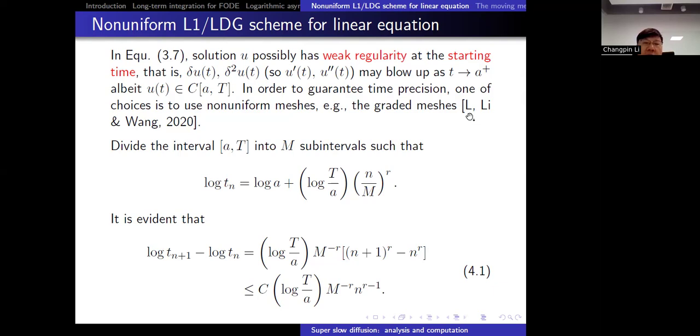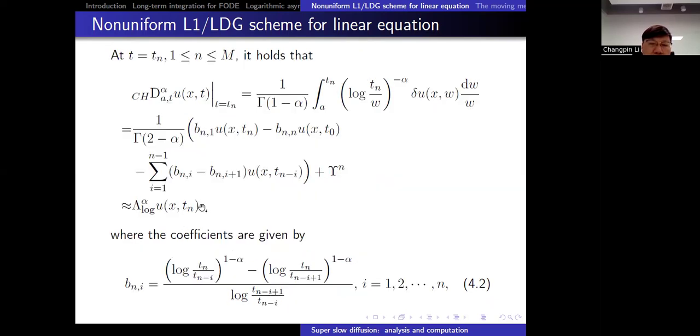So divide the interval from A to capital T into M subintervals such that this is the node Tn. So we approximate this value using this one. These are coefficients. This is the non-uniform L1 formula for this derivative.